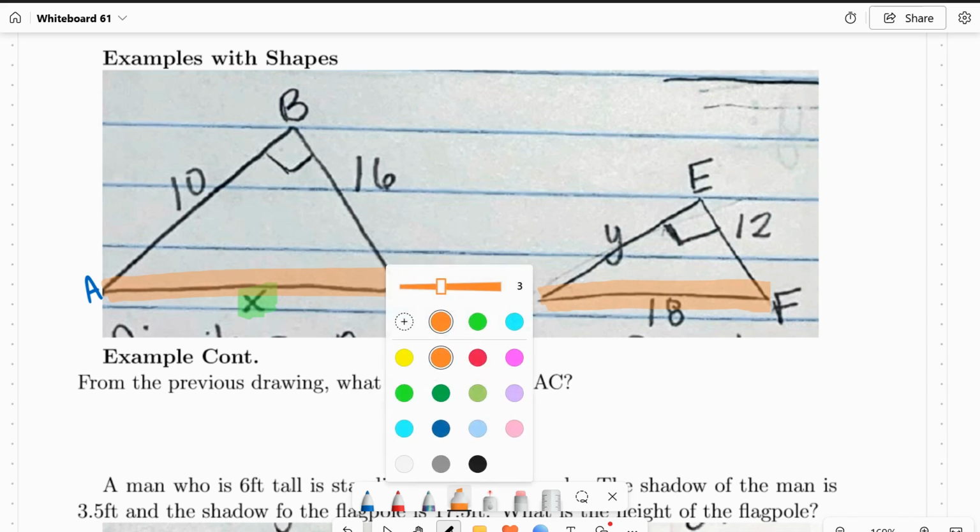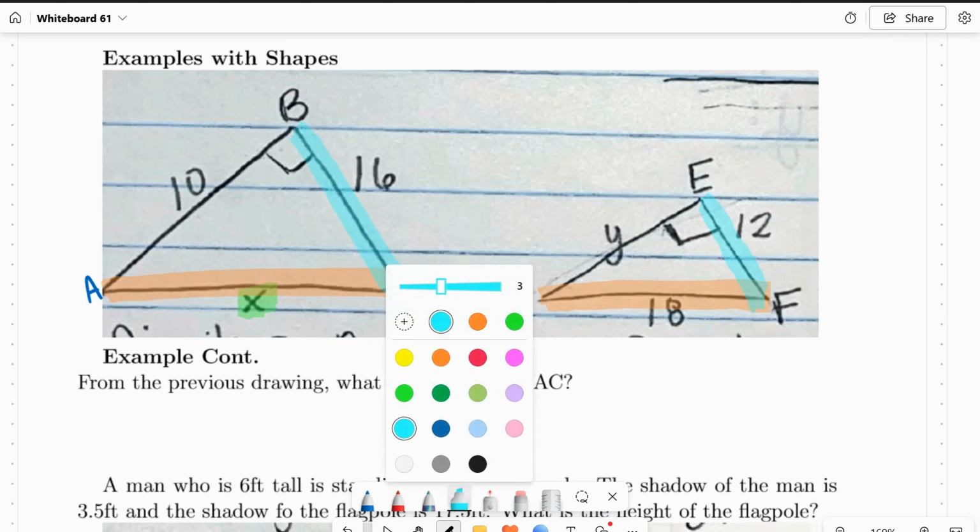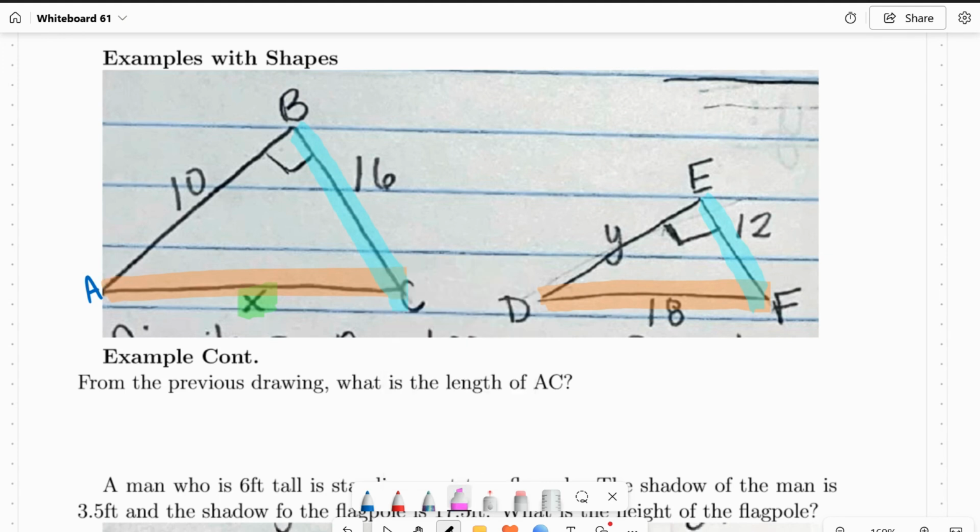We can also conclude that EF and BC are similar sides, as well as AB and DE.